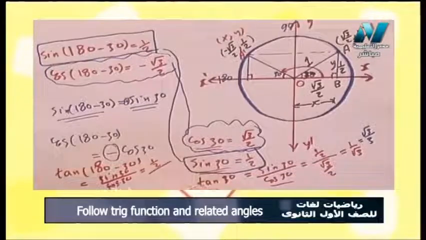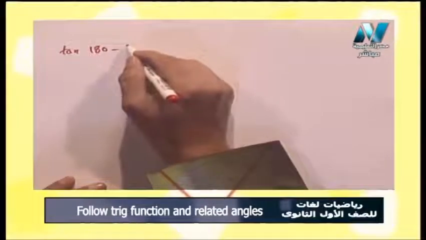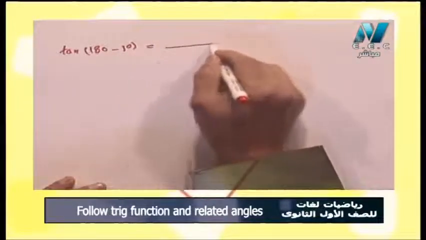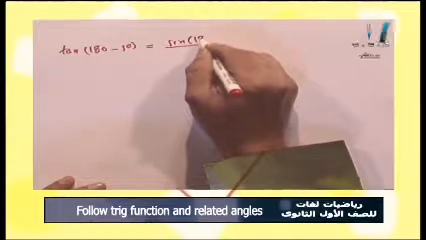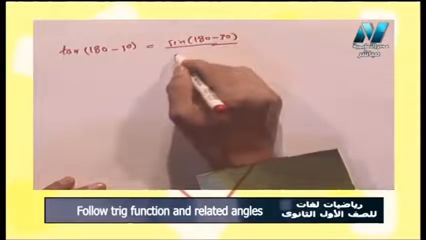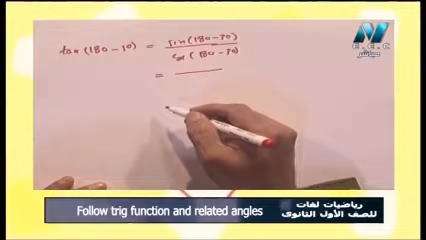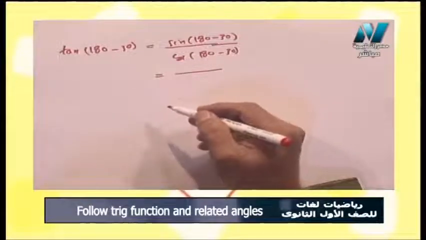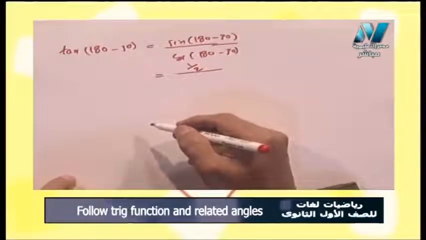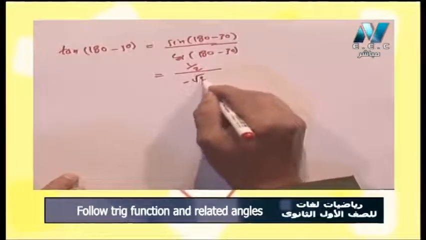If we would like to find tan 180 minus 30, it will be equal to sine 180 minus 30 over cosine 180 minus 30, and the answer is sine 180 minus 30 equals half, and cosine 180 minus 30 equals negative root 3 over 2.